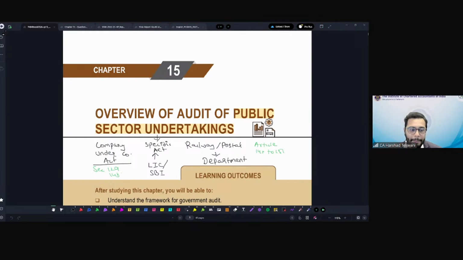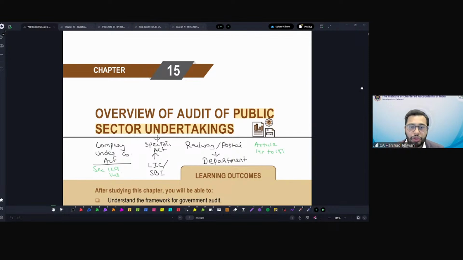But before that, we'll understand how the audits are carried out, what the approach is when the audit is carried out, the types of audits for public sector undertakings, and the difference between them.